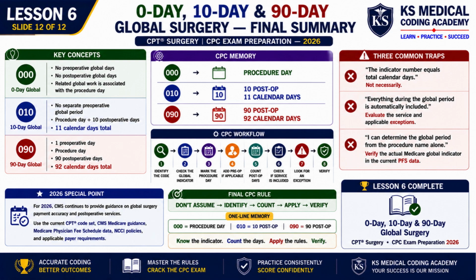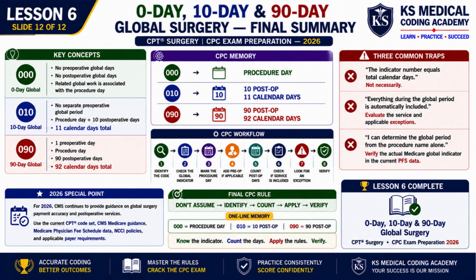Let's summarize Lesson 6, 0 day, 10 day and 90 day global surgery. For 000, remember, procedure day only, with 0 postoperative global days. For 010, remember, 10 postoperative days, plus the procedure day, giving 11 calendar days. For 090, remember, 1 preoperative day, the procedure day, and 90 postoperative days, giving 92 calendar days.